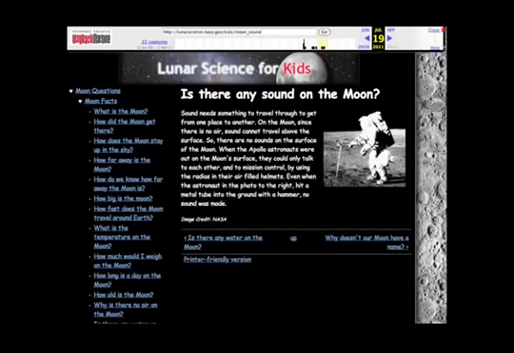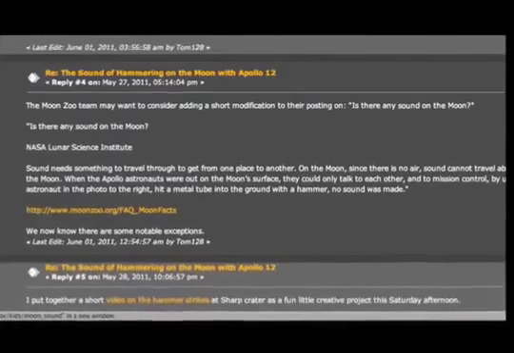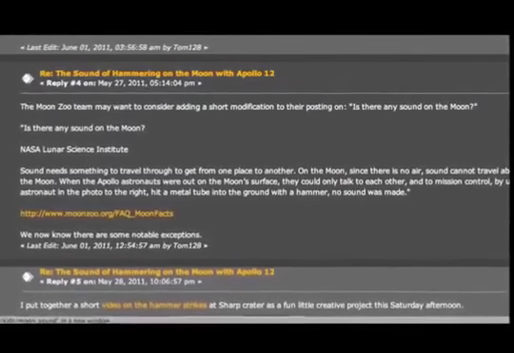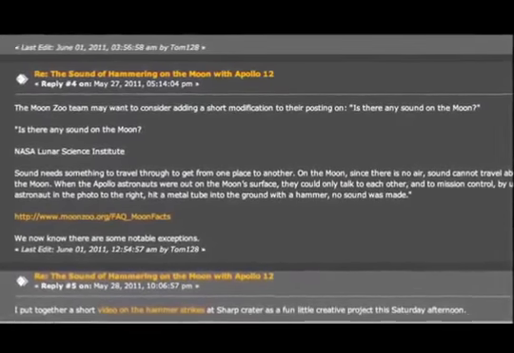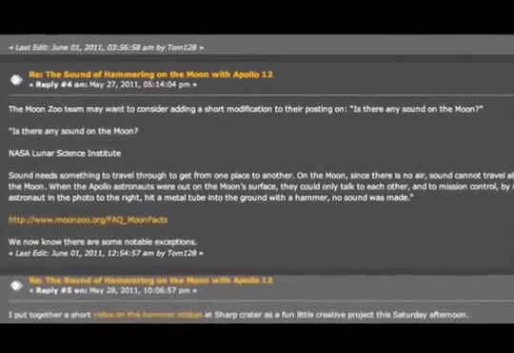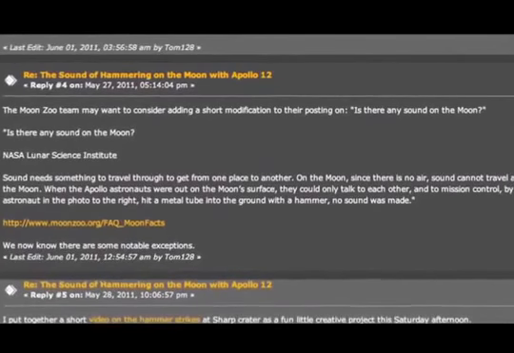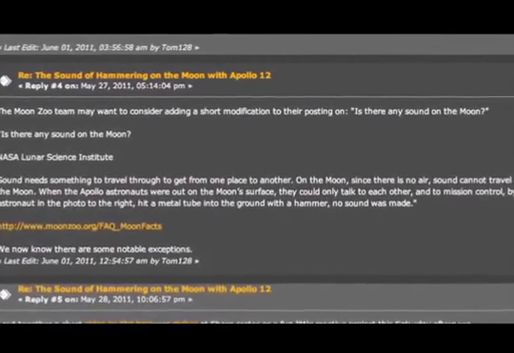The contradiction between the journal and this page was brought up in the very popular Moonzoo forum. And that is where I first became aware of the situation. Reader Tom128 pointed out the contradiction between the site for children and the journal. And I went looking for the site for children and could not find it.